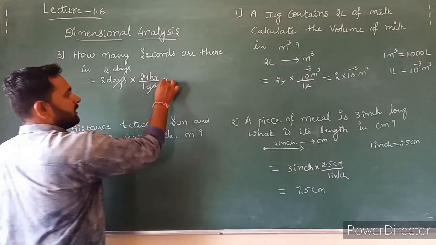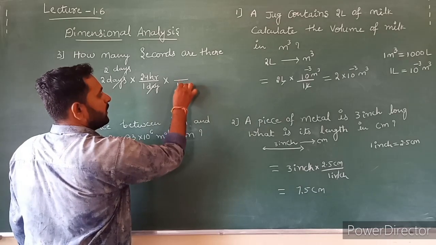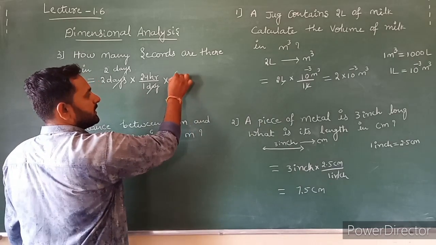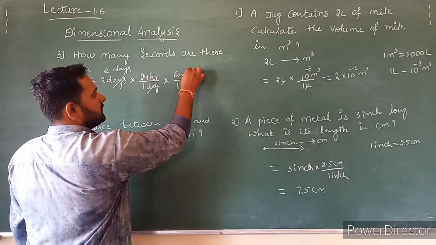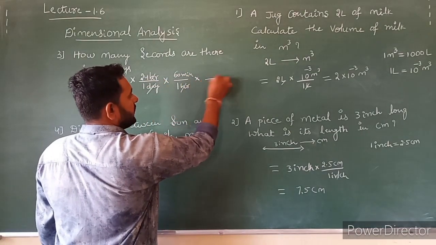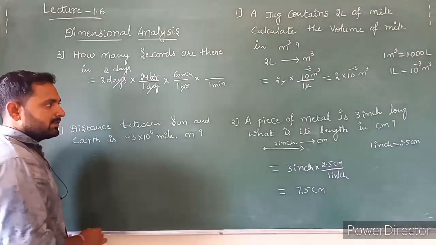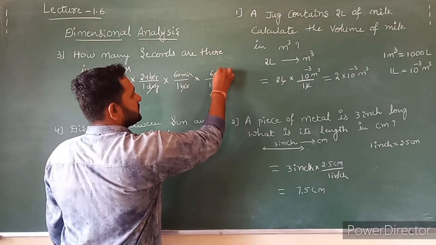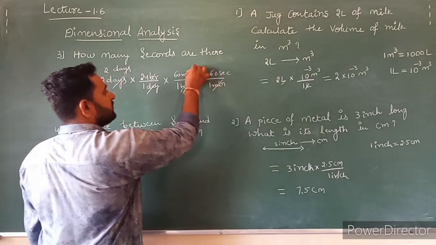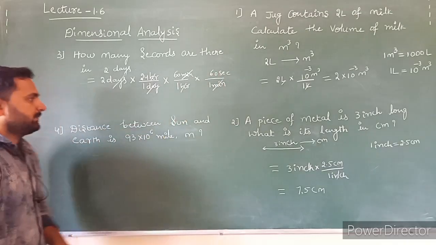Next, you have to convert into minutes. In 1 hour, how many minutes are there? 60 minutes. Then hours get cancelled. Next, in 1 minute, how many seconds are there? 60 seconds. Then minutes get cancelled. The final answer will be in seconds.